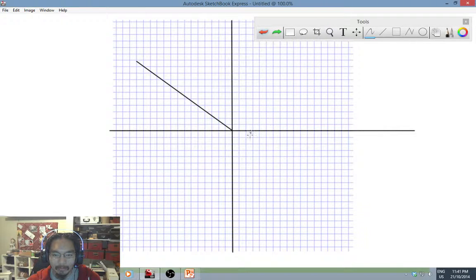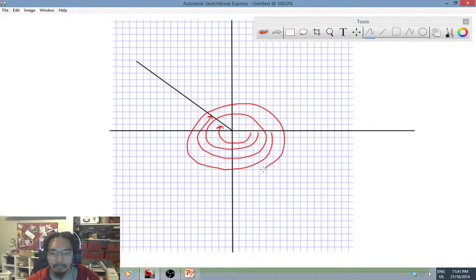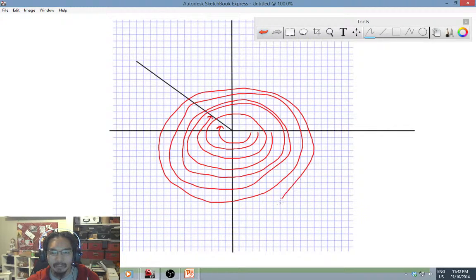You can also go the other way. You can also go negative, and that's one angle. This angle has the same terminal arm. If we continue going around, around, and there we go.